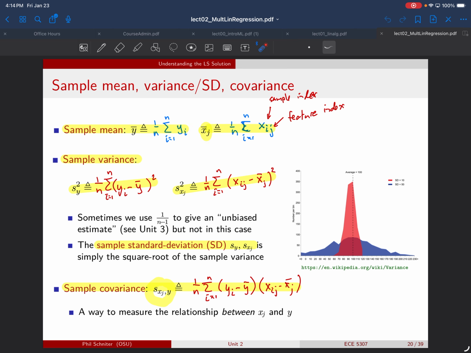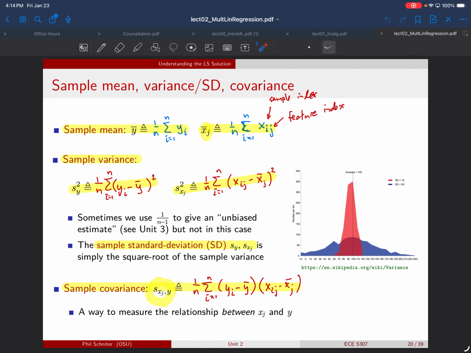Then the next more complicated statistic would be the variance, which is how much a quantity deviates around its mean. In particular, you measure this by looking at the average of the squared deviation. When we're talking about the targets, we look at the yi's minus their sample mean, square that, and average over all the i's, and we get the sample variance.